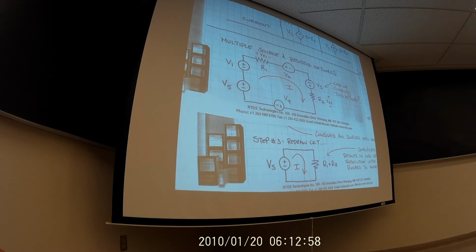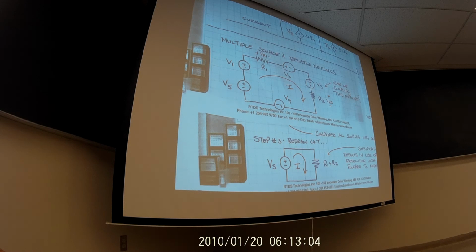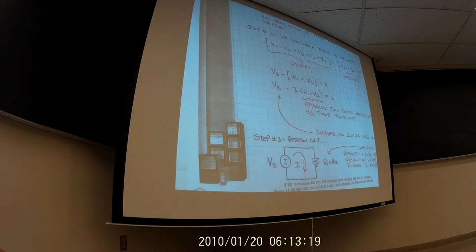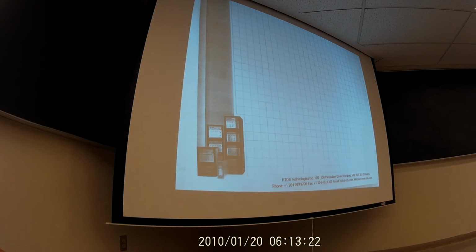In the beginning, did we say that the R1 and R2 were in series? Well, the thing is, the way that they're drawn right here, they are not in series. When we have a single loop, we can reorder things and make them in series. Now, let me give you the example of when this doesn't work. You have a circuit that looks like this.